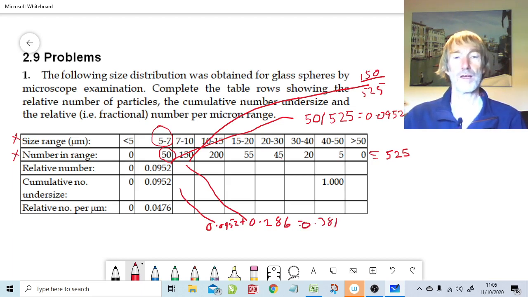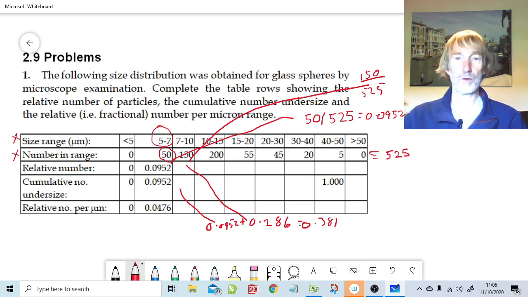So if you like, 38.1% of the distribution is less than 10 microns. 9.52% is less than 7 microns. That's just switching backwards and forwards between the decimal and the percentage. Okay, 38%. And I think you've got the idea.